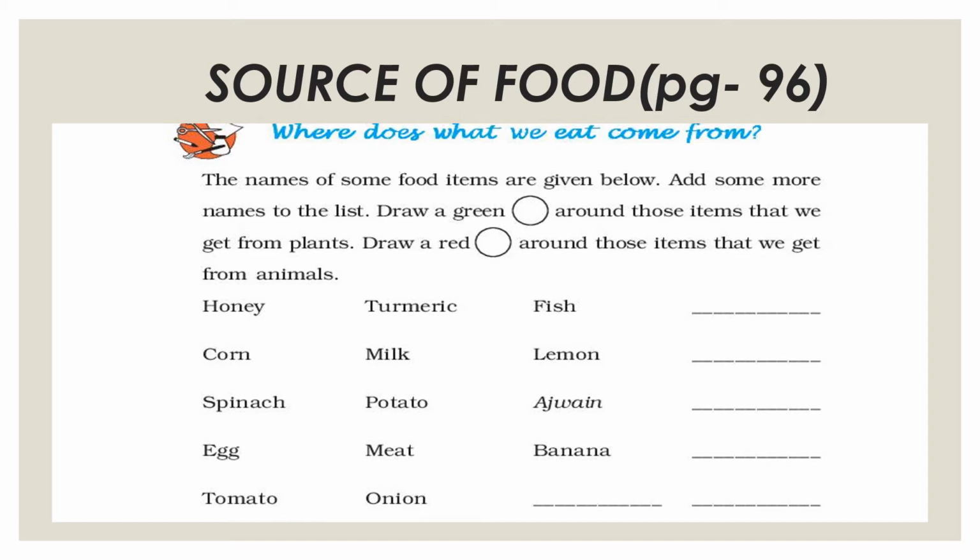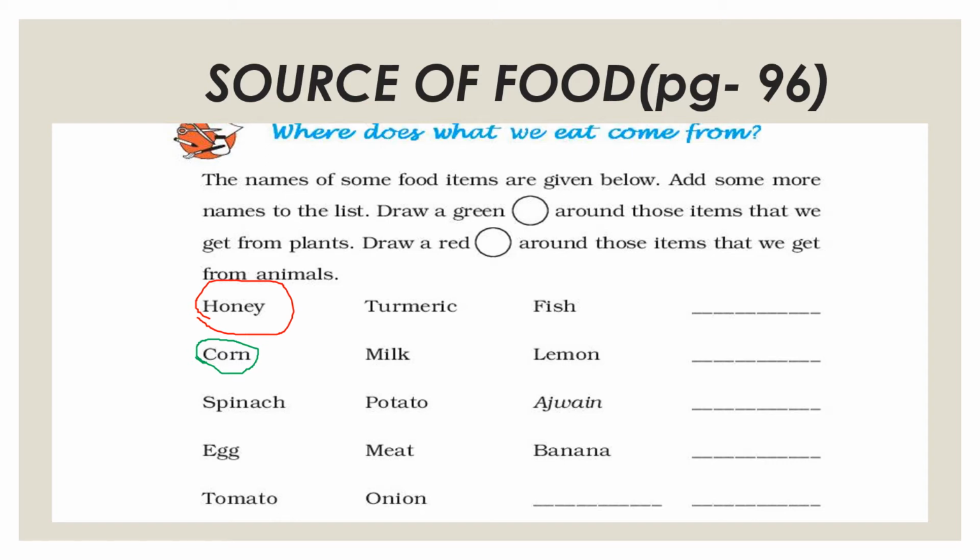So let's do it. Honey, where do we get honey from? We get honey from honey bees or bees, so animals. What about corn? We get corn from plants. So we will circle it with a green. What about spinach? Again, plants.